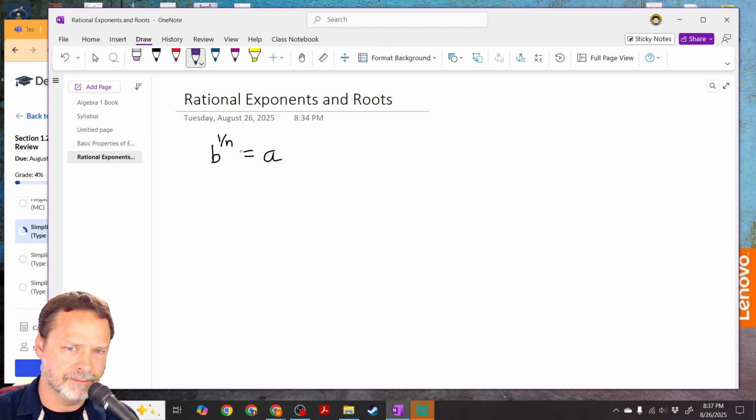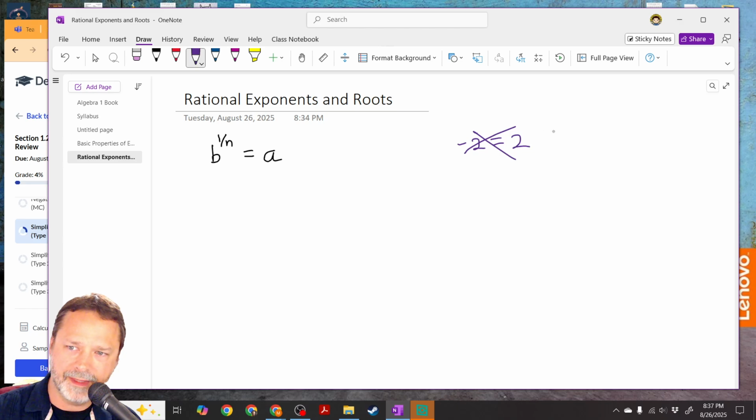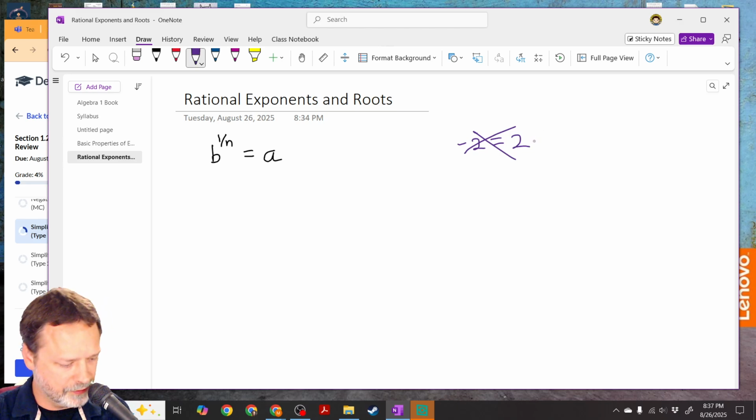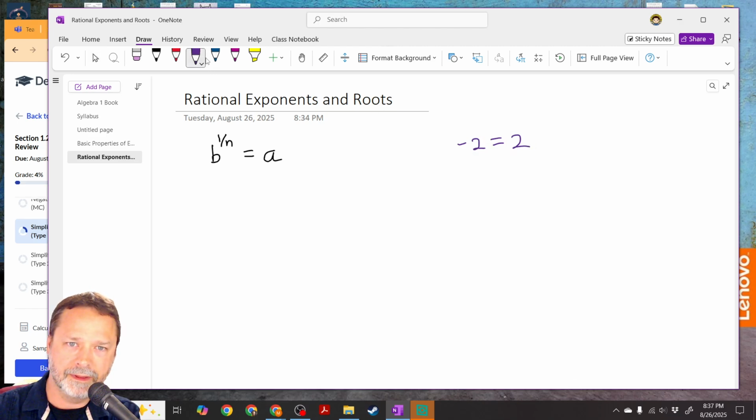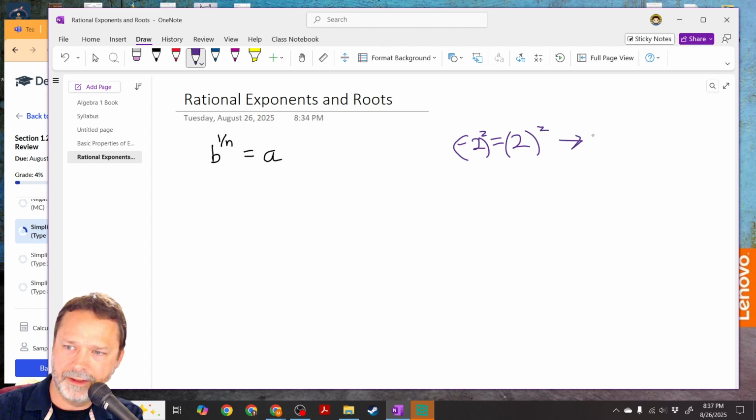Squaring maybe not, but let's pretend we can, because if we have negative 2 equals 2, that's not true in the first place. If I square both sides, you get 4 equals 4.